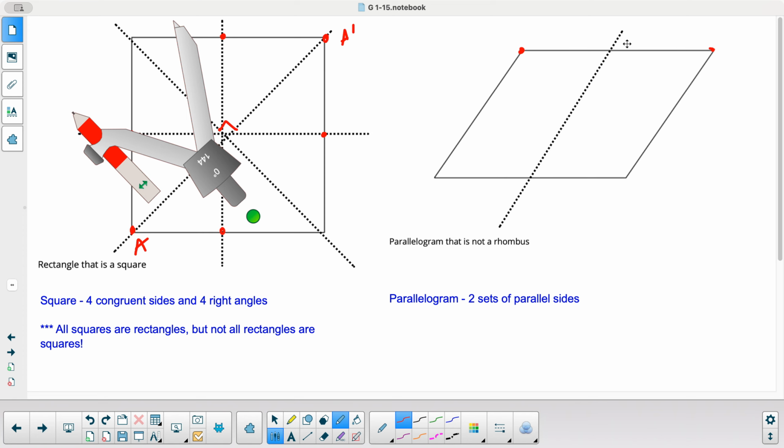It's not perpendicular to reflect that point. So if I were to reflect across this line, I would have to draw a perpendicular to this line. So this point is going to end up somewhere down here. Okay, so that's not going to work. So this actually has none.